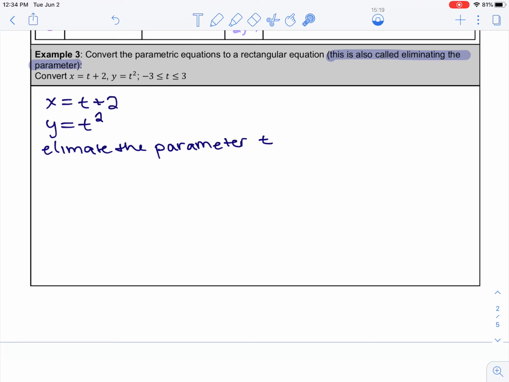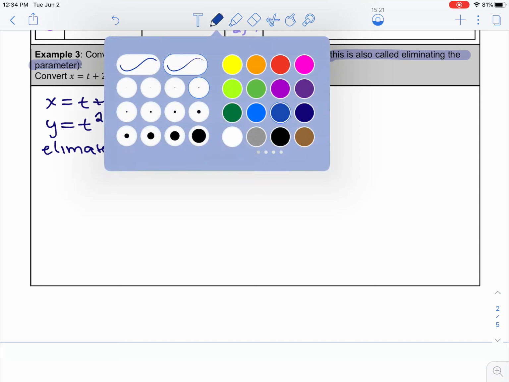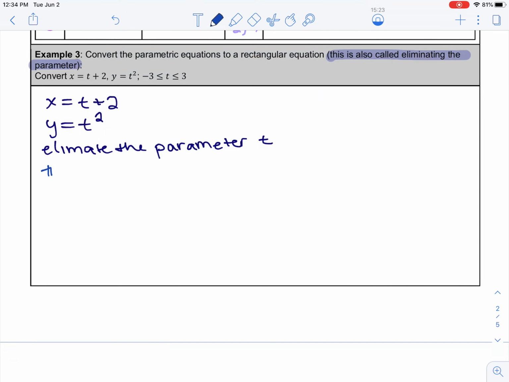Okay, so what all this means is essentially manipulate our equations to get rid of t. We want to get rid of that variable t, we want to eliminate it.